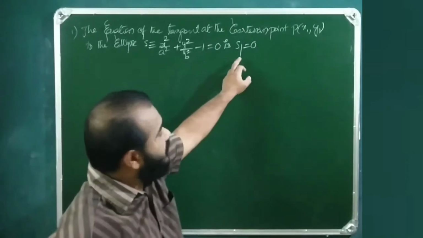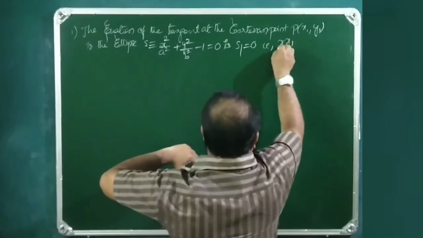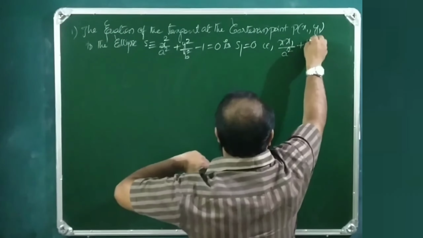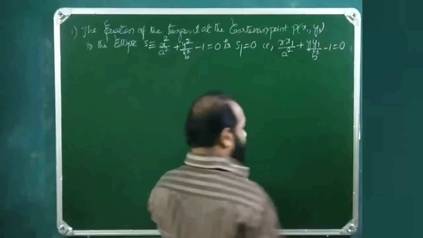And what is the notation of this S1? xx1 by a square plus yy1 by b square minus 1 equals 0.